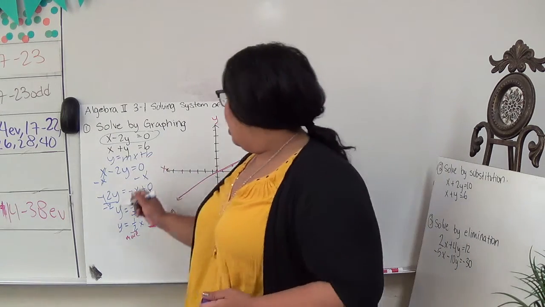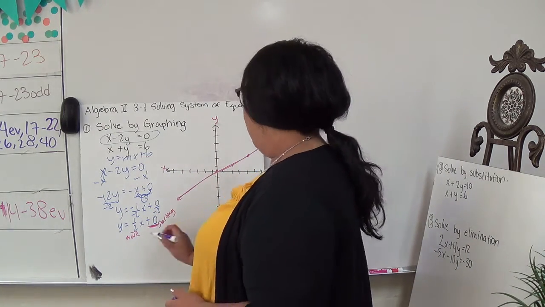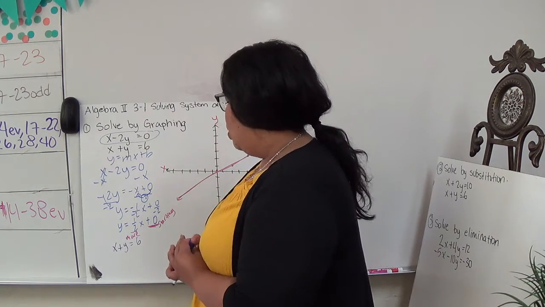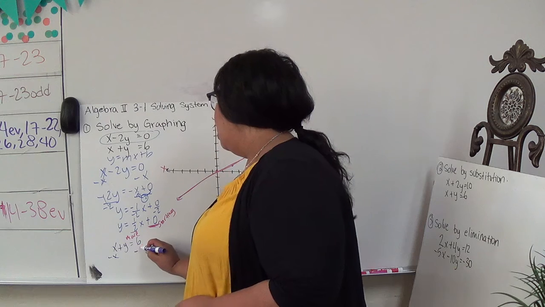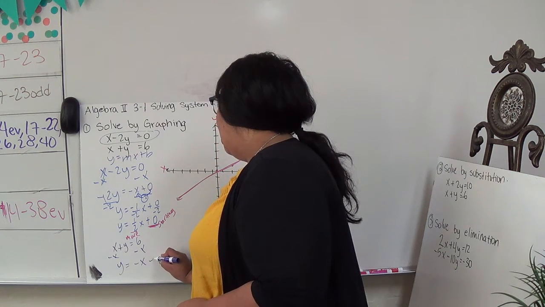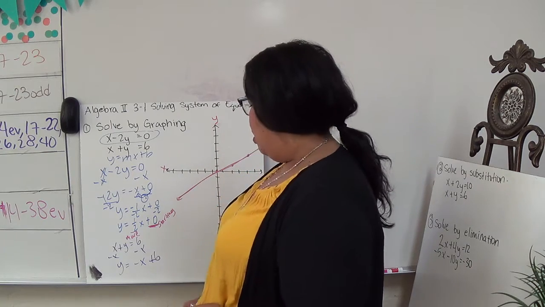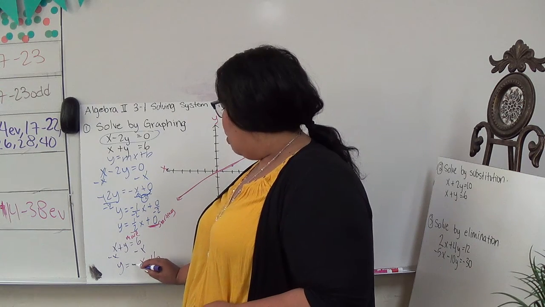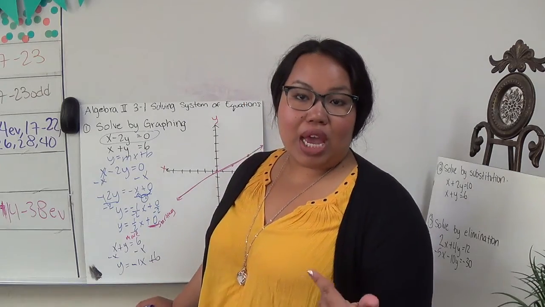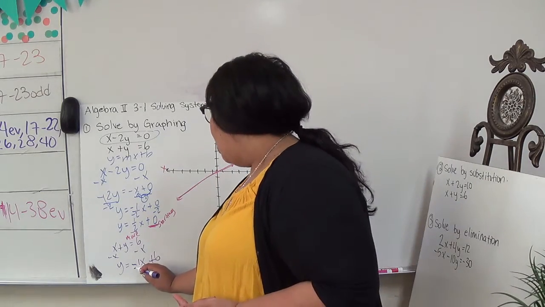My next one is x plus y equals 6. So I'm going to just subtract x from both sides. I end up with y equals negative x plus 6. So this right here is a negative 1. And in order for me to make it a fraction, because I need a fraction for the movement, I'm going to put it over 1.